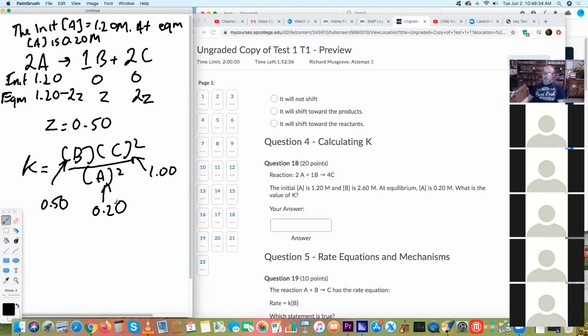I am more than willing, though, to go through examples of problems now, if people want to do that. So we can do anything off this test. Does anybody have any questions that they want me to go through here? Anything that's kind of a muddy point, something that you'd like me to talk about?